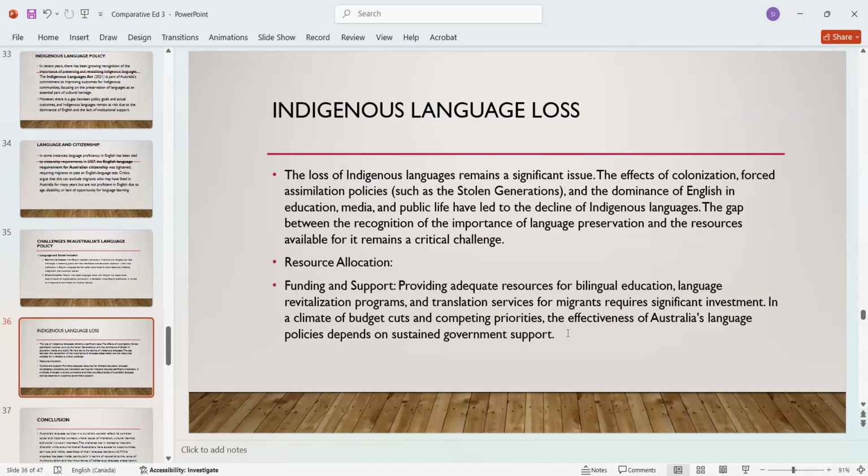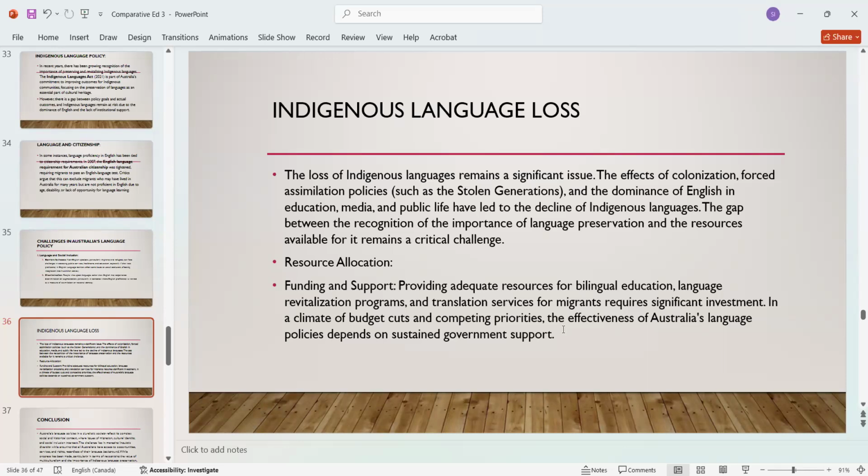And the other thing is indigenous language loss, right? Earlier they had 250 and now very few languages are there. The loss of indigenous languages remains a significant issue.